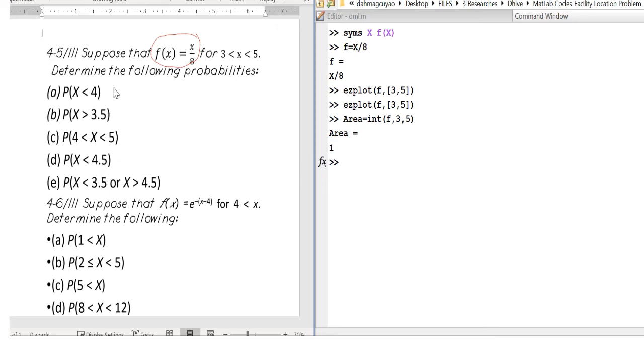For the probability of x less than 4, it would be from 4 to 5 of x over 8 dx. Sorry, less than 4 should be from 3 to 4.